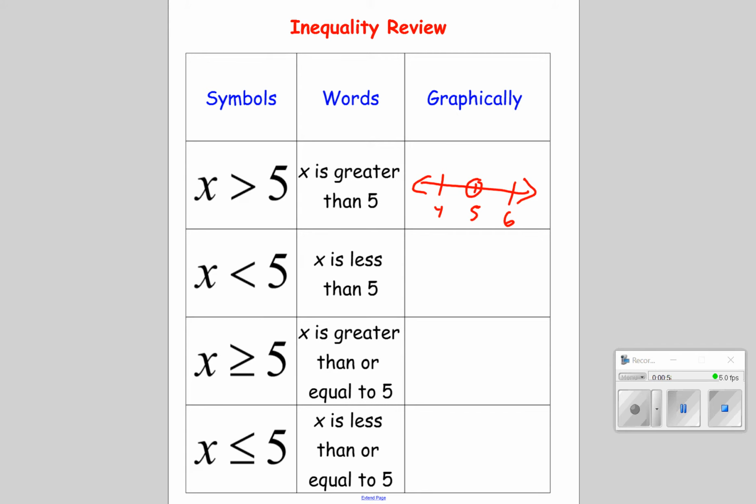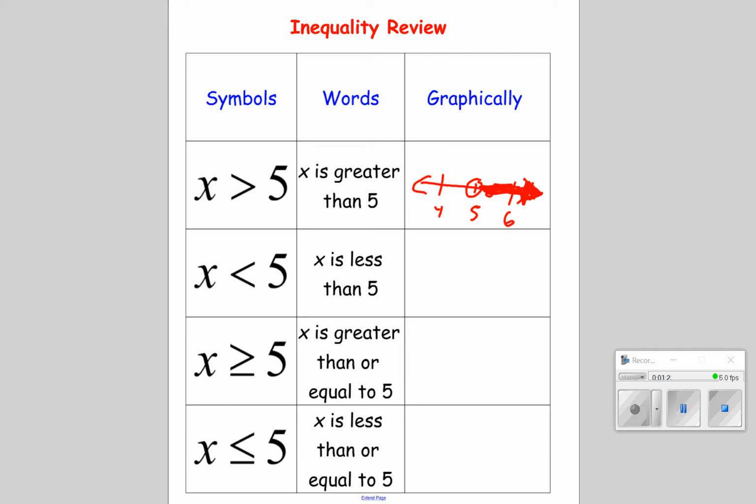Open circle meaning that 5 is not a solution to this inequality. 5 is not greater than 5. And then we would shade it to the right to show all the numbers to the right of that open circle are a solution. They are true. They are all the numbers that are greater than 5.